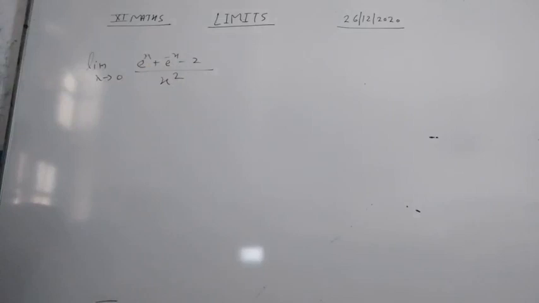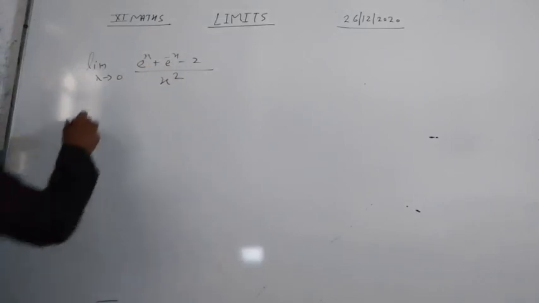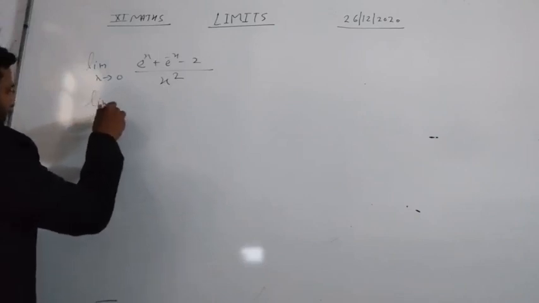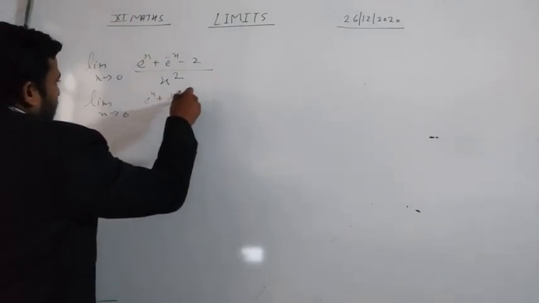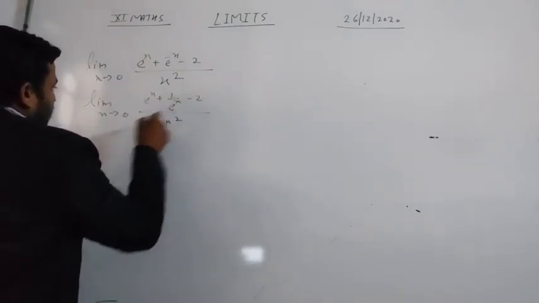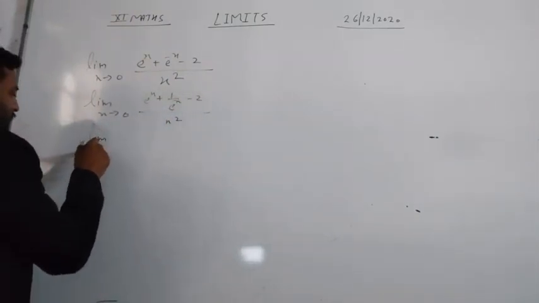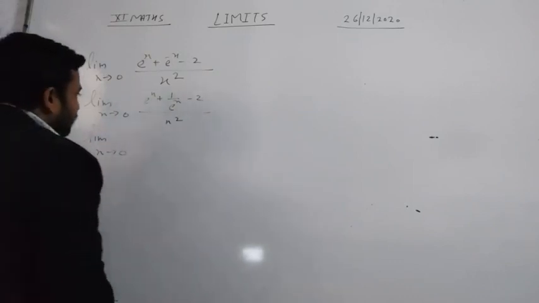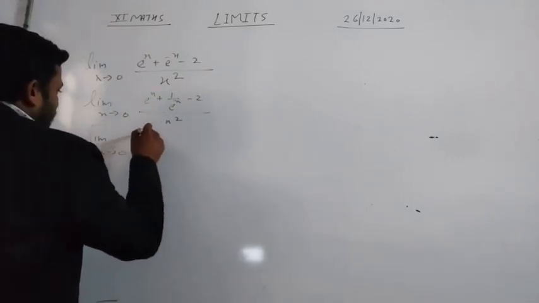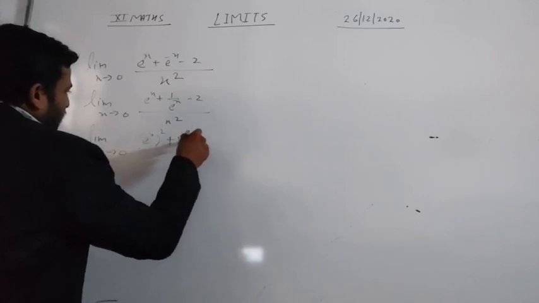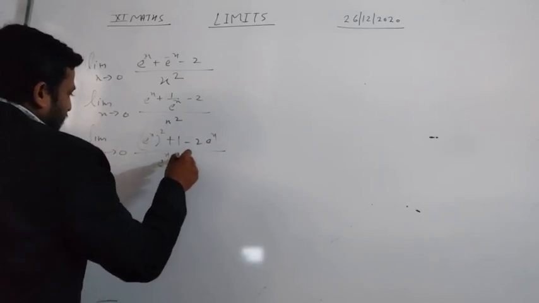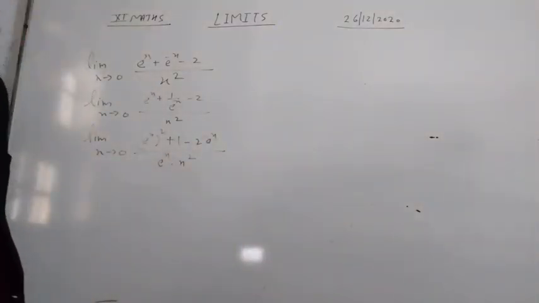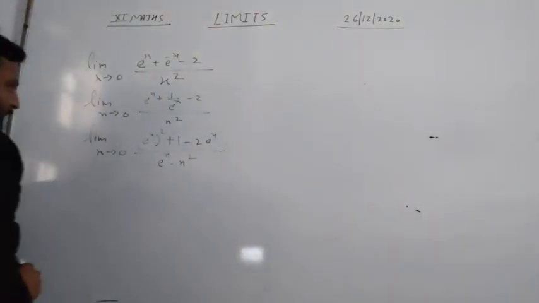So we will write, student, limit x tends to 0. We can write (e to the power x plus 1 by e to the power x minus 2) by x square, and limit x tends to 0. Taking LCM, we get ((e to the power x) whole square plus 1 minus 2 e to the power x) by (e to the power x into x square). I hope you understand, students.